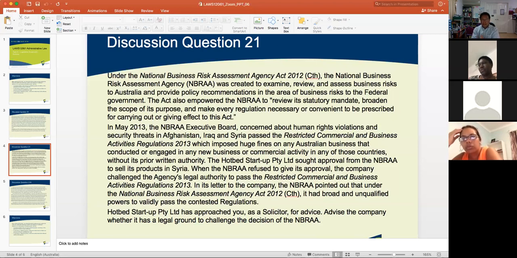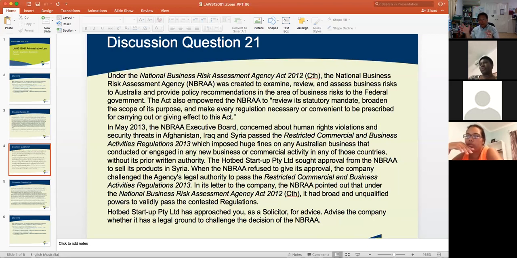One is the fact that it is imposing huge fines, and two, that it is regulating businesses within Australia. That appears to be beyond the legislative scope, which is simply for the NBRAA to examine, review, and assess business risks and provide policy recommendations.